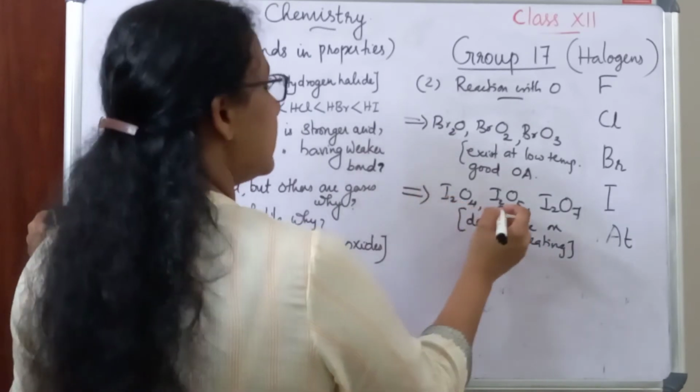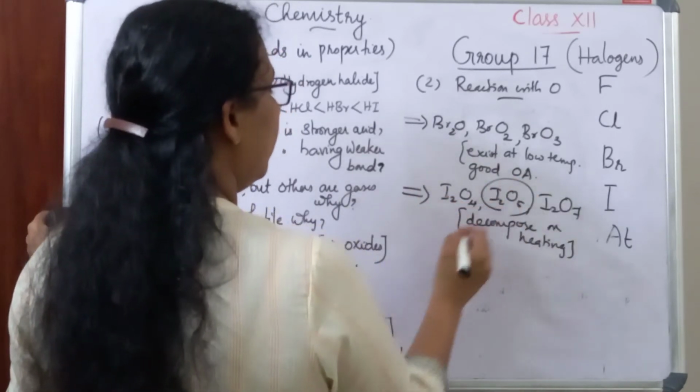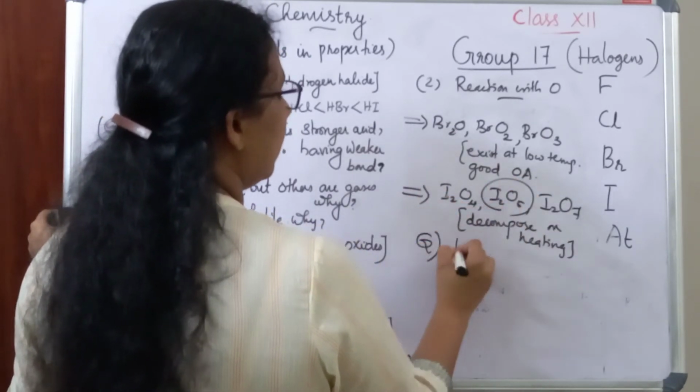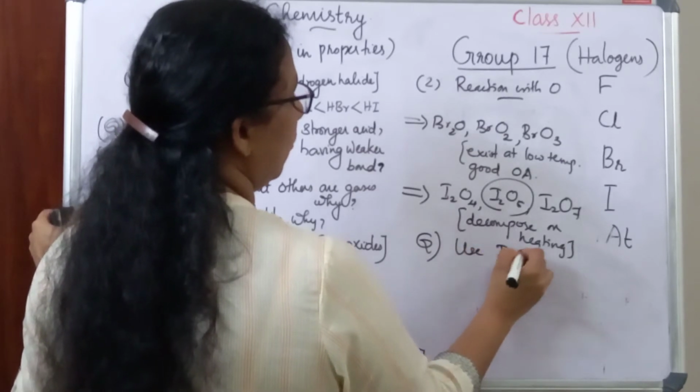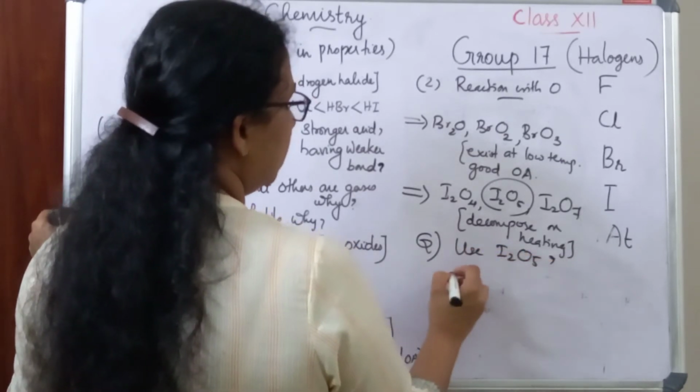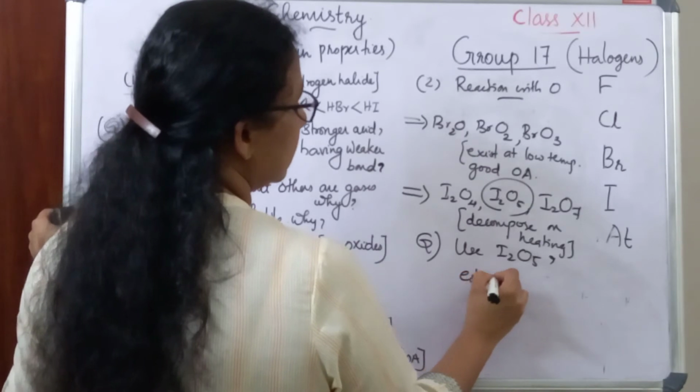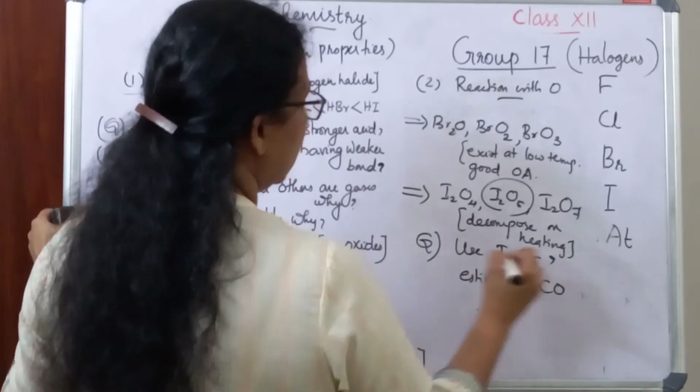Here also there is a question, that is I2O5. What is the use of I2O5? It can be used to estimate carbon monoxide.